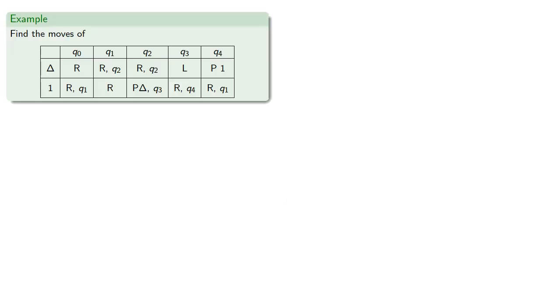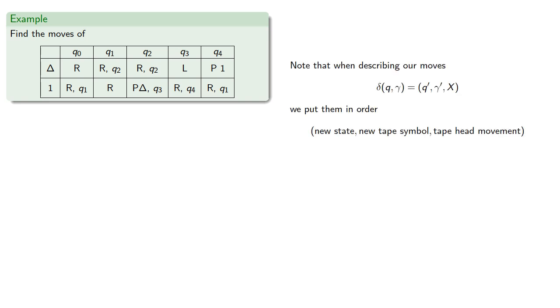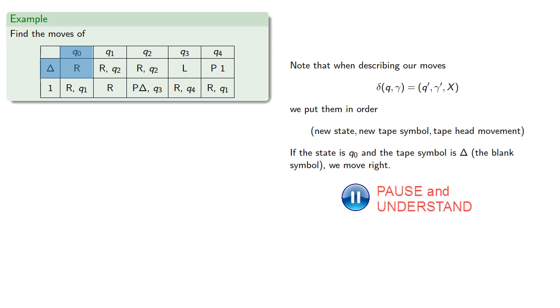So for example, let's find the moves given our delta transition function. Note that when describing our moves, we put them in the order new state, new tape symbol, and tape head movement. So let's read our transition function. If the state is Q0 and the tape symbol is delta, the blank symbol, we move right.